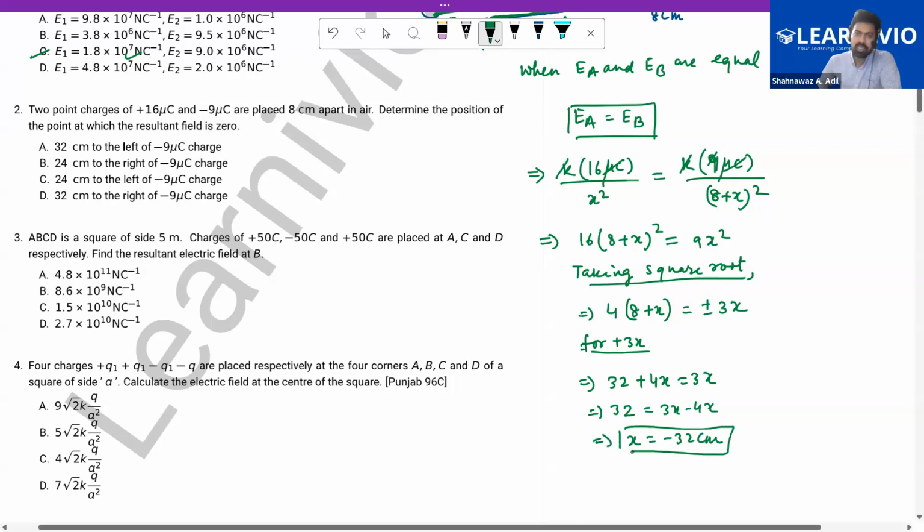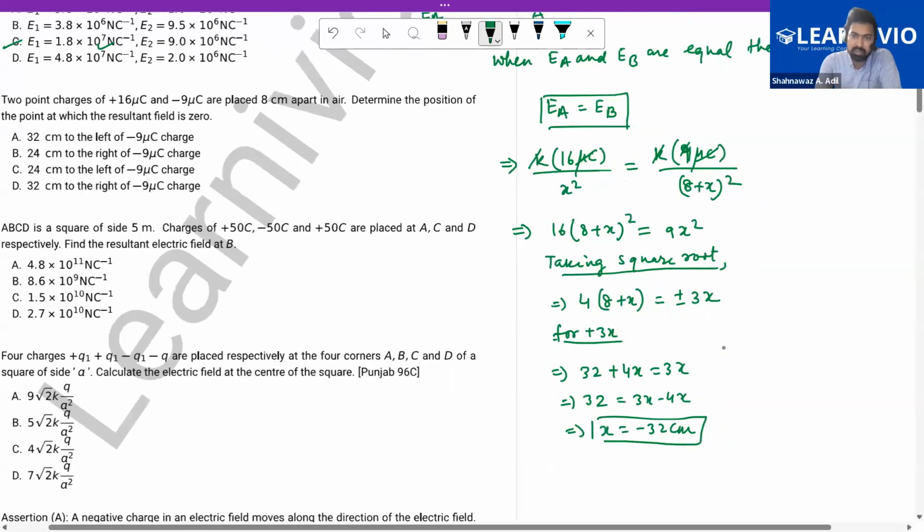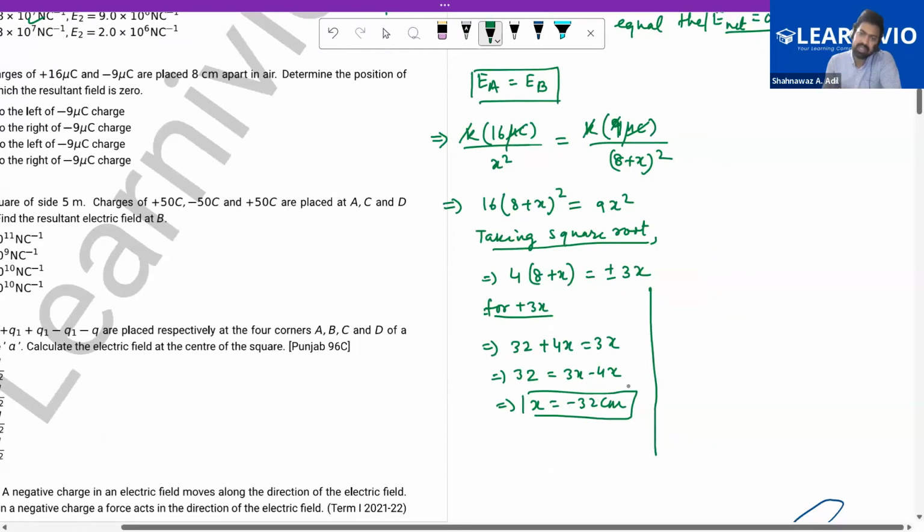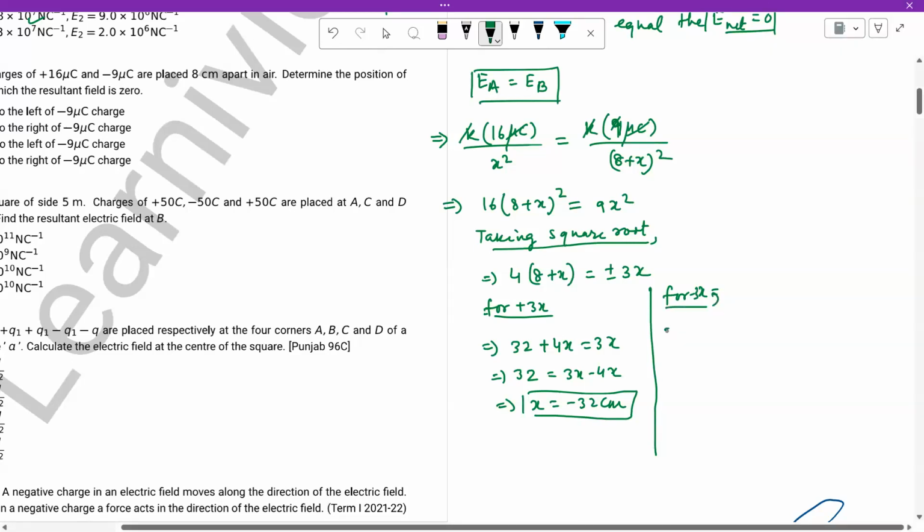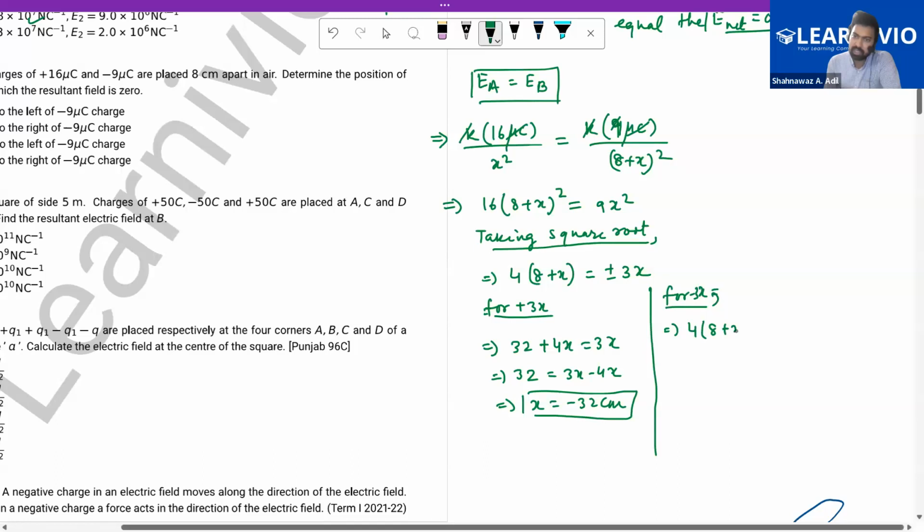And the other direction, so for minus 3x, this would be 4 times (8 plus x) equals minus 3x, right? So this is 32, and then this is 4x, and then this is minus 3x.